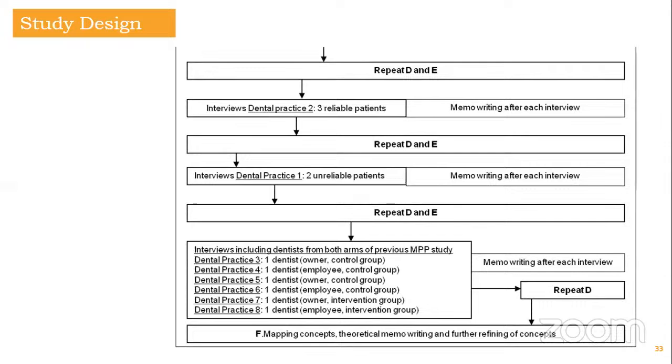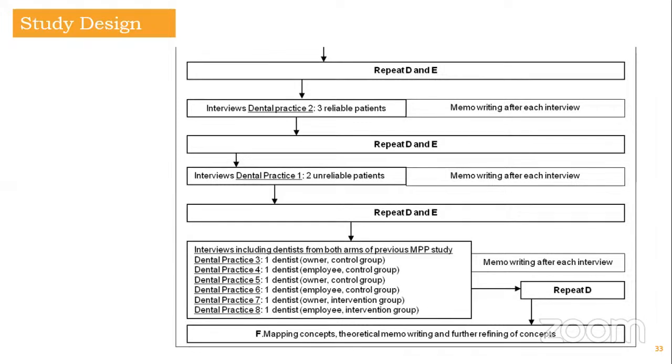After this, they included some more interviews, including dentists from both arms of the previous MPP study, means other previous studies, how it happened. That also they included in their own research.